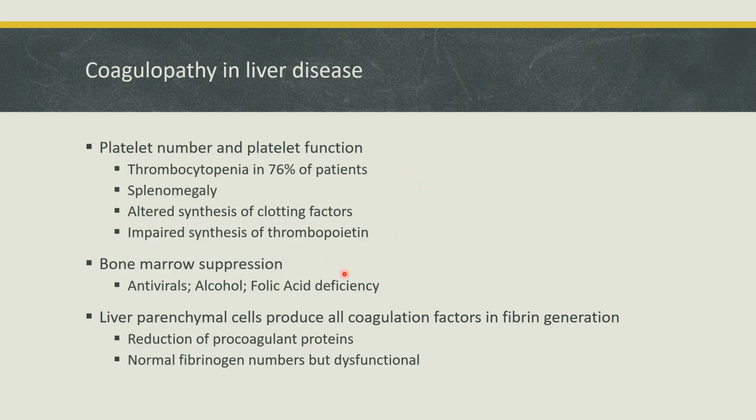We can also see bone marrow suppression from antivirals for hepatitis. Alcohol can cause bone marrow suppression, as well as a folic acid deficiency. Your liver cells are also responsible for making all of our coagulation factors, for fibrin, right? And fibrin again is like the rebar of our blood clots.